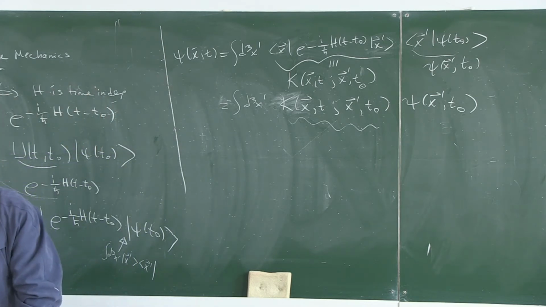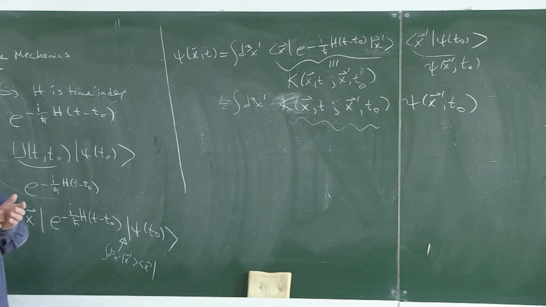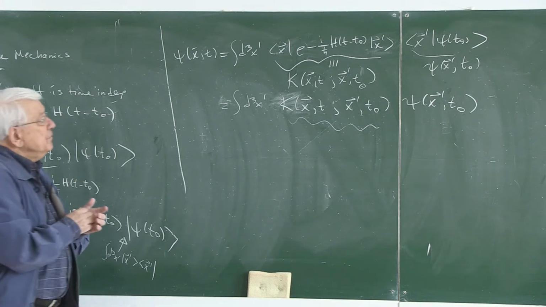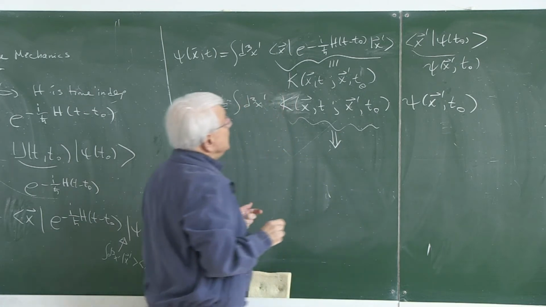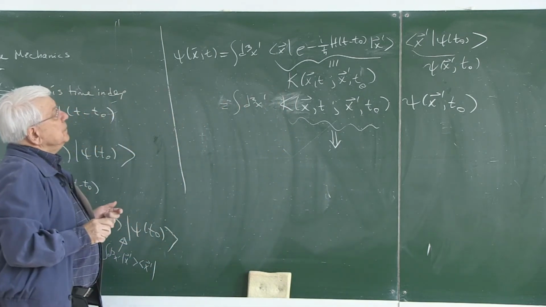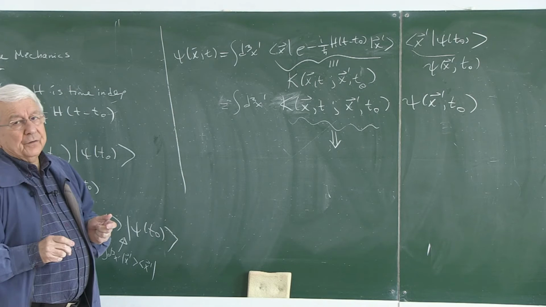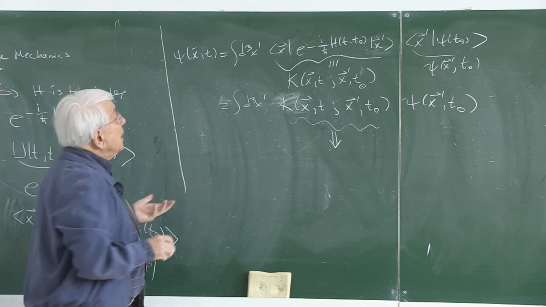Is there a simple way of obtaining that expression, K? Well, yes, for instance, if we really take this and do a bit of manipulation. What do I mean? I mean the following.